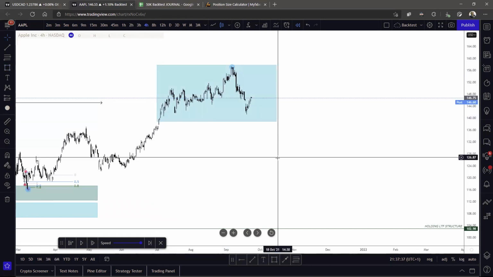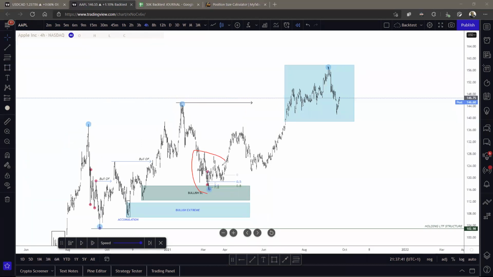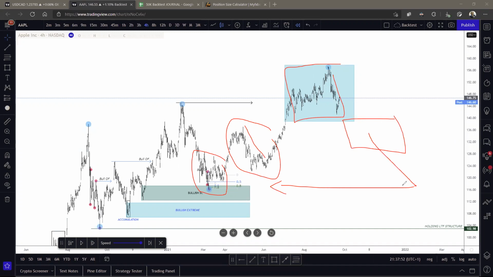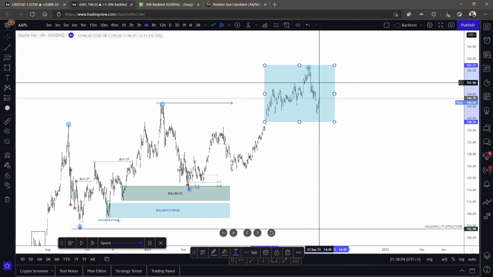Okay, and again, when we look at the market cycle, it makes sense, right? So if we look at this accumulation, this reaccumulation, distribution, redistribution to go into our SC or our extreme to reaccumulate, and then just goes from there. So market cycle makes sense. So this is our distro.